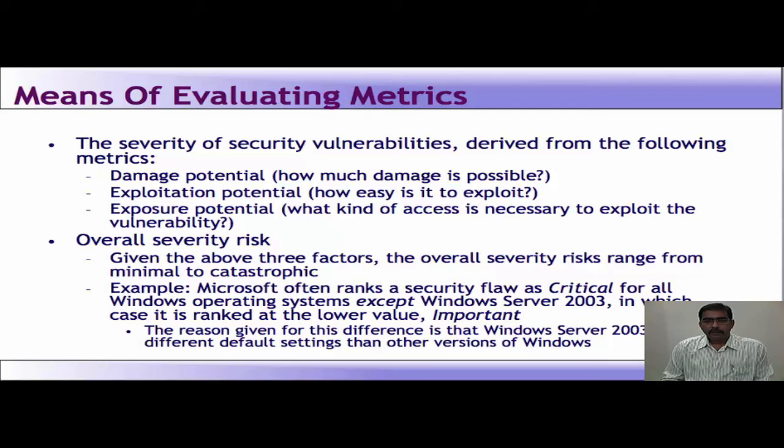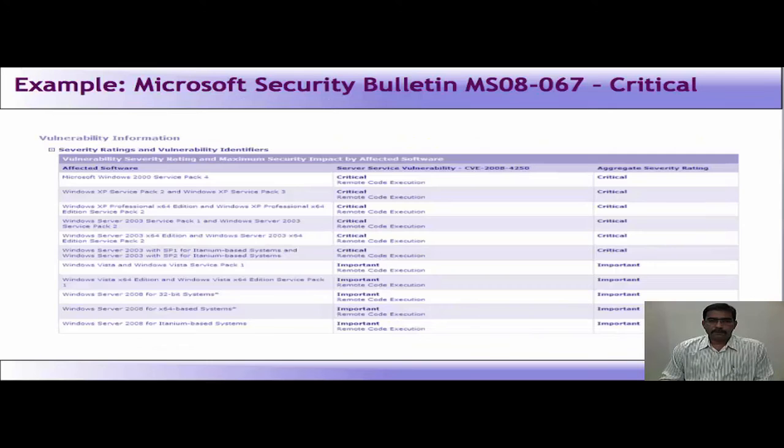Now, if you take an example, Windows or Microsoft often ranks a security flaw as critical for all Windows operating systems except Server 2003, in which case it is ranked at a lower value, which is important. The reason given for this difference is that 2003 has a different default setting than other versions of Windows.